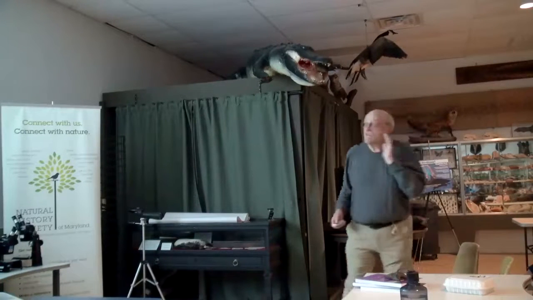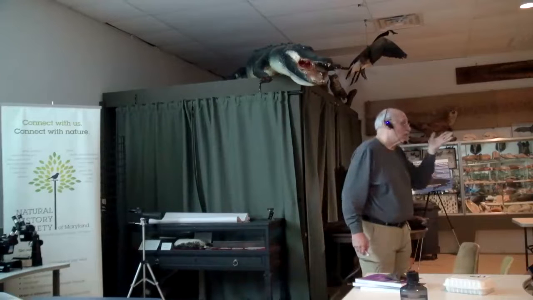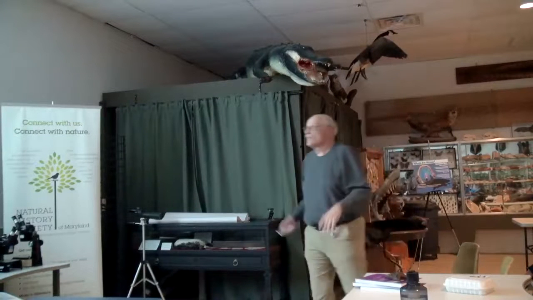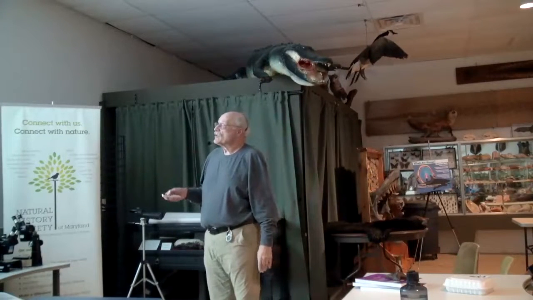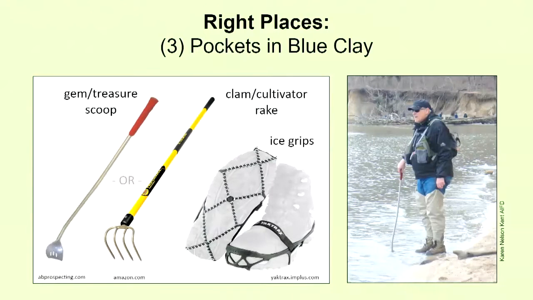But if you're going to collect blue clay a lot, or where you collect there's a lot of blue clay, I would suggest certain things. These are called gem or treasure scoops. They used to be called gem scoops, so they have a blue handle. That's the old S-wing, which was the gem scoop. The red handle, it's called a treasure scoop. It's the same thing. And actually, a treasure scoop comes in 2 sizes, which is nice. The taller size is better for taller people.